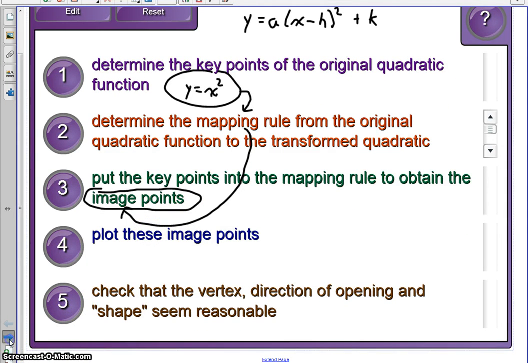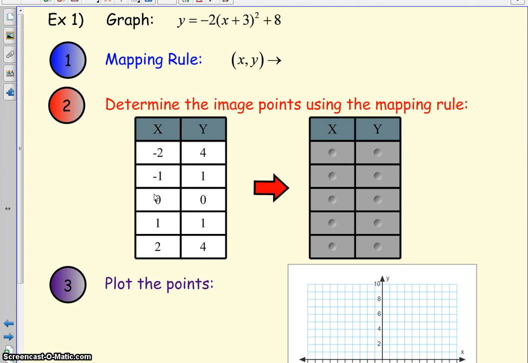Okay, so let's do one together. Here's an example of a quadratic in vertex form. I'm starting here with my 5 key points from the original quadratic, which is y equals x squared. I'll just make a note of that here. Let's try and create a mapping rule here. Remember, the only thing that changes your x value is what's inside the bracket.